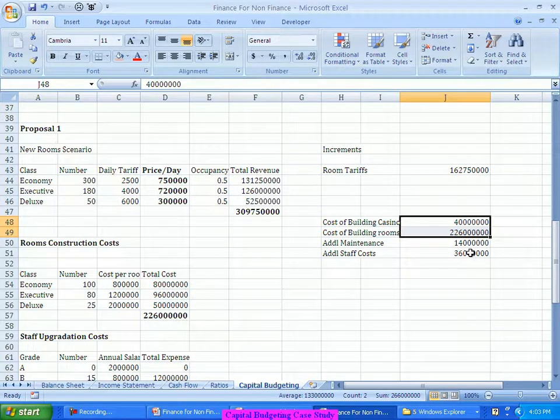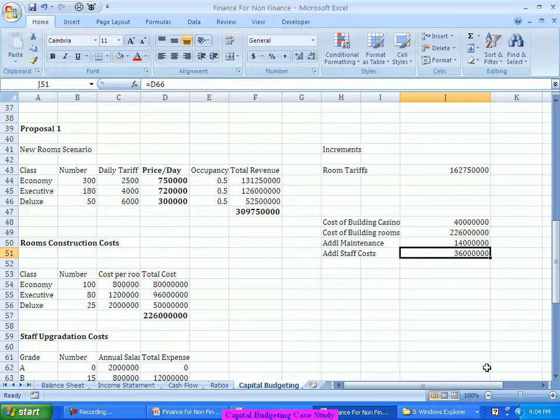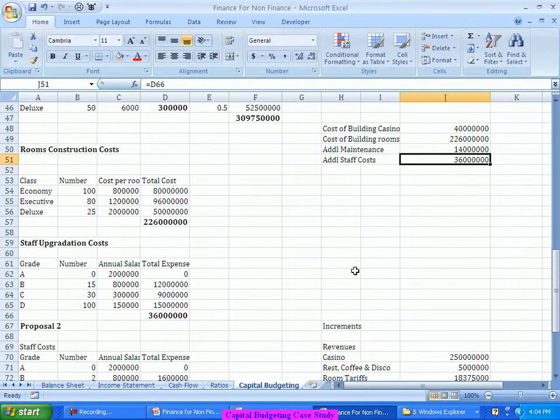Now let's look at it. What else are we saying? Additional staff costs. What are the new people who are recruited? 15 people extra for group B. Then 30 people extra for group C. Because there were 70 earlier already, you are making them 100.